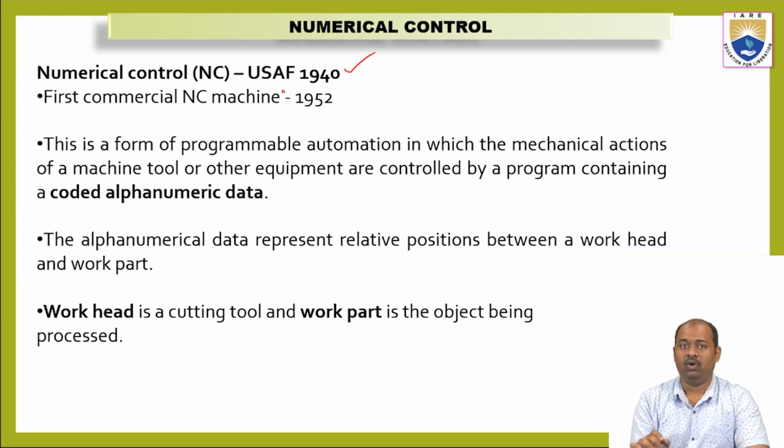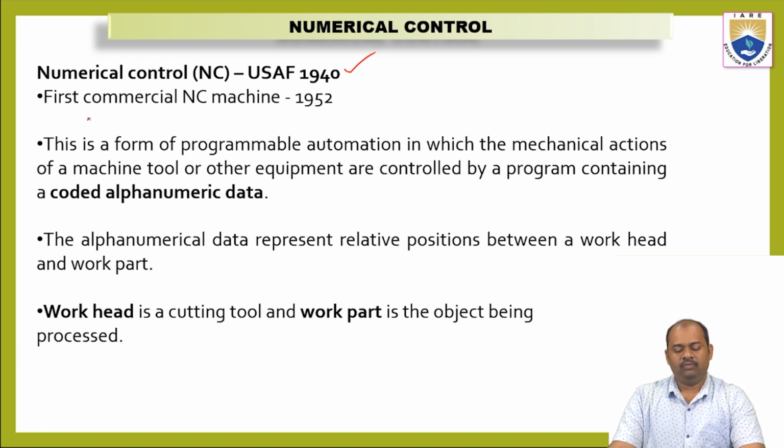They had to produce a lot of aeroplanes, because every day when the aeroplanes go to war, there is no guarantee that they will come back safely, because they may be wrecked. So that is when they invented this numerical control, to speed up the production of aeroplanes or fighter jets.